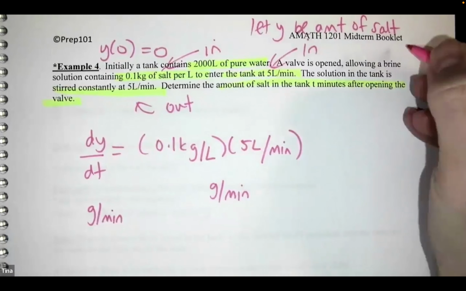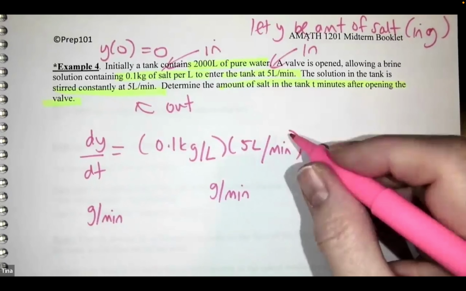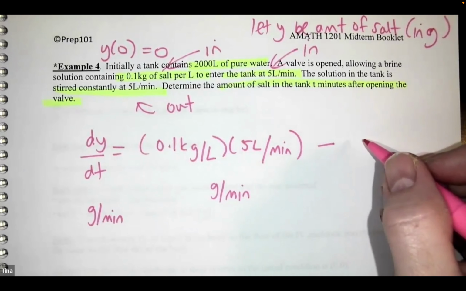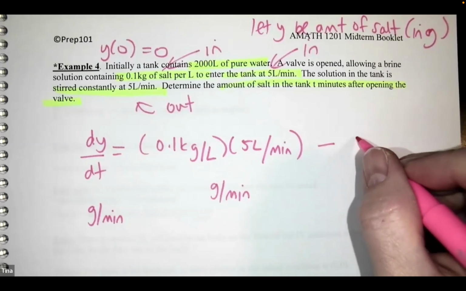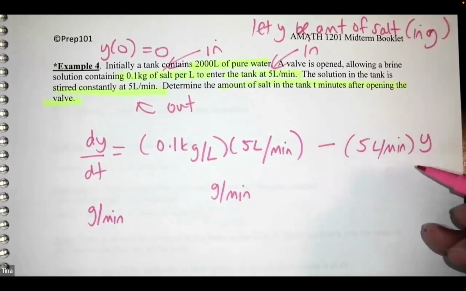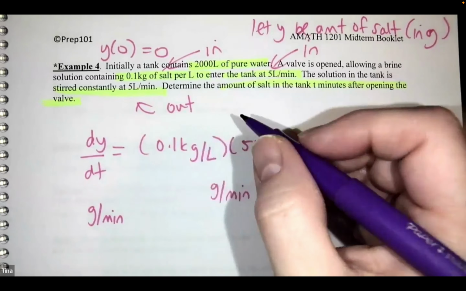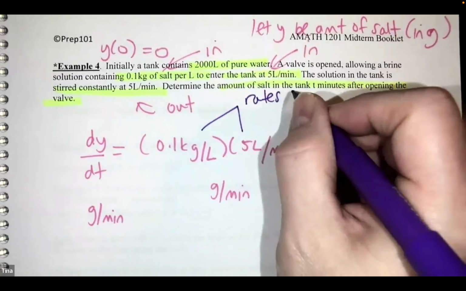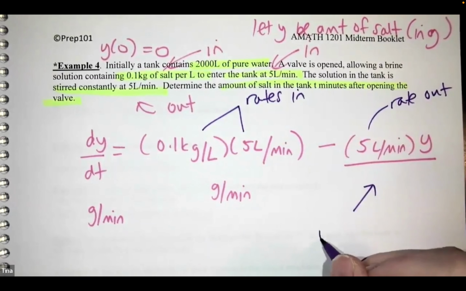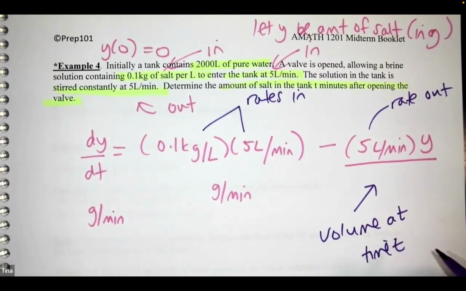And this is grams per minute. And we're going to let y be in grams. So in minus, and then out is another 5 liters per minute times y. So this is rate in, this is rate out, and this is the volume at any time t.